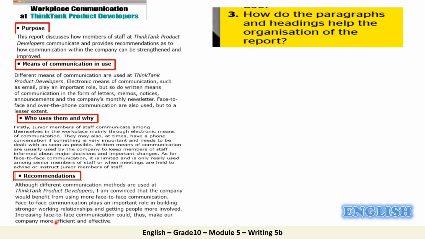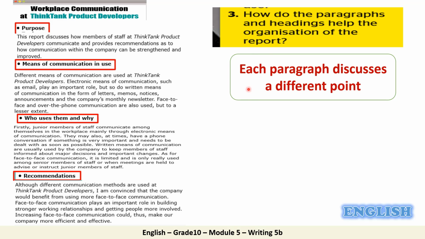Well done, everyone. Now, let's take a quick general look at the report you have in front of you here. If you cannot see properly, you can use your book's page 69. How do the paragraphs and headings help the organization of the report? As you can see, what do we have here? We have headings for each paragraph. So, it helps you to do what? Pause and think. Let's see what your answer is.